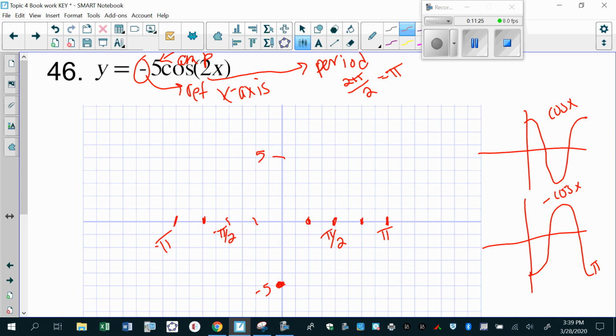I'm going to be hitting my maximum in the middle here at pi over 2, and then back down to my minimum. Perfect. And I'm just going to do the same thing going backwards.